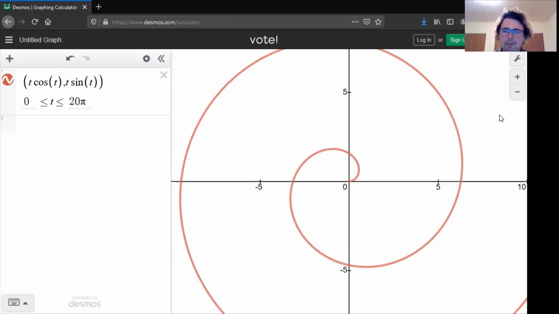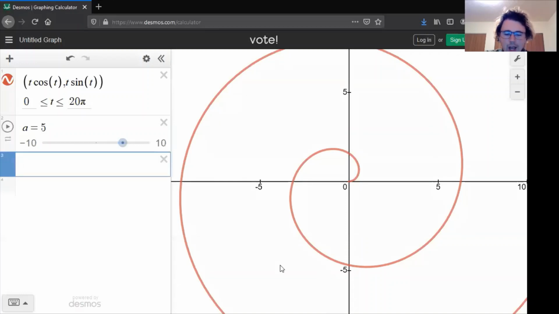Here it is. So I'm going to pick a certain value of t. Now, I'm already using t here to parameterize this curve, so I'm going to pick a number, let's say a equals 5. That's just some number. Which point on the curve is it?